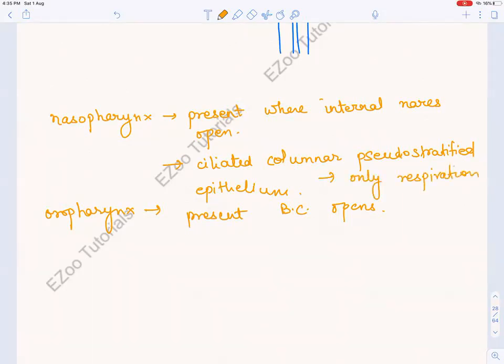And oropharynx is present where the buccal cavity opens. And what is it lined with? If we did it for nasopharynx, we should do it for oropharynx, or else it will feel bad. It is lined with non-keratinized squamous epithelium.